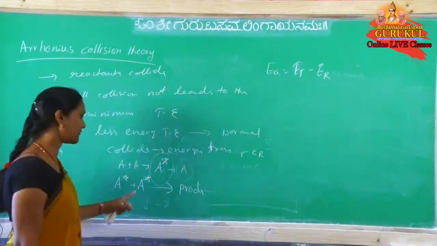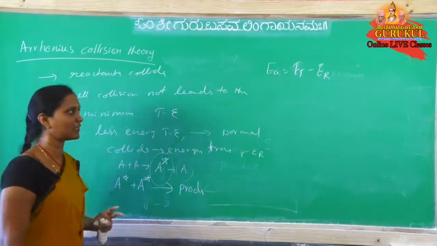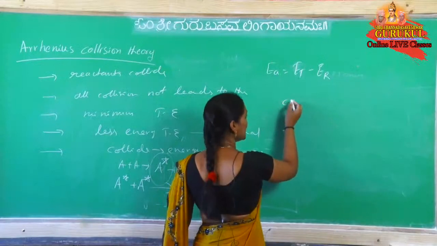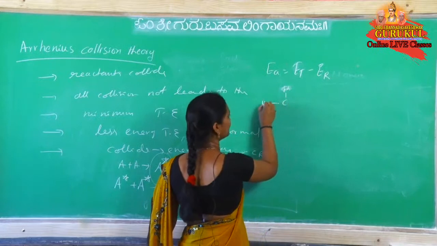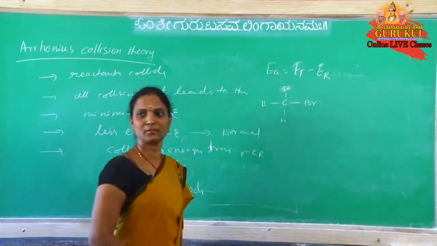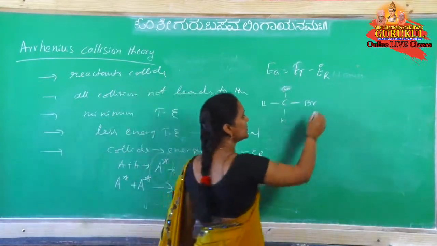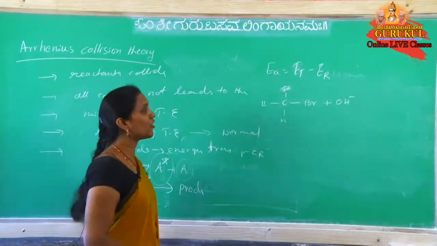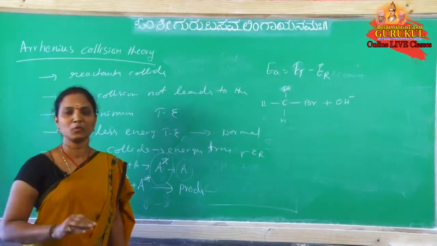Reactions are very slow because very few molecules are activated molecules. What is the other factor? Here we are using CH3Br, methyl bromide. It is treated with OH minus. Br minus is replaced by OH minus.